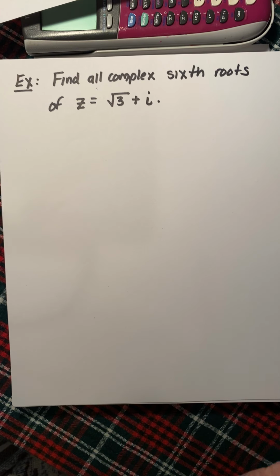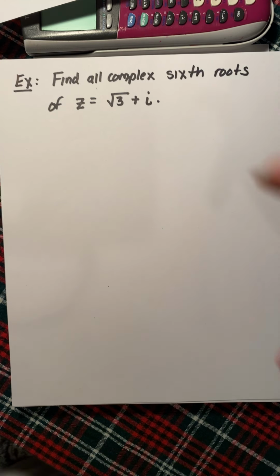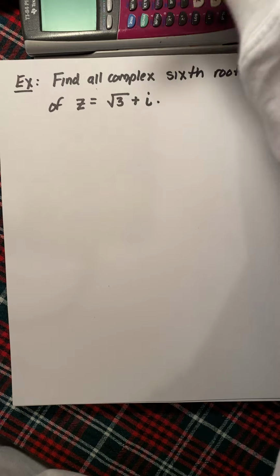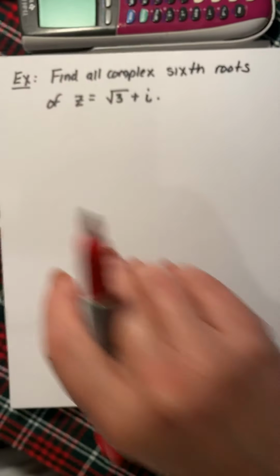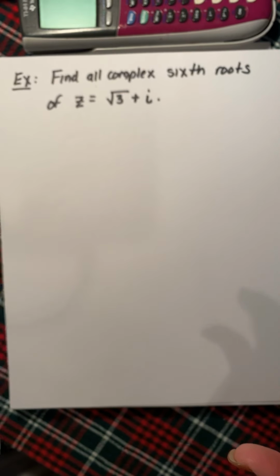So square root of 3 plus i would be, we have to write it in trigonometric form, z equals 2 times the cosine of 30 plus i sine of 30 degrees.